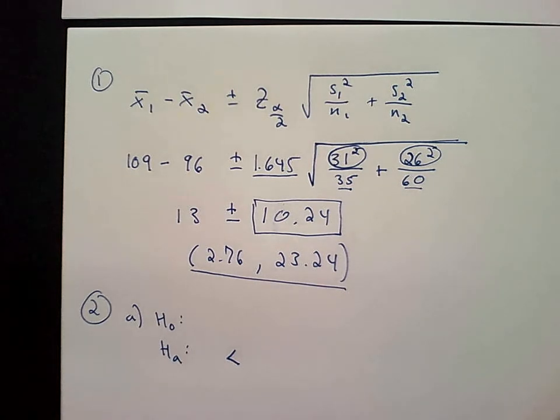Whenever we're writing down our hypotheses, what are our hypotheses always about? Not the sample. Not averages. Think way back to the first definition that we had in chapter 8 that talked about a hypothesis.